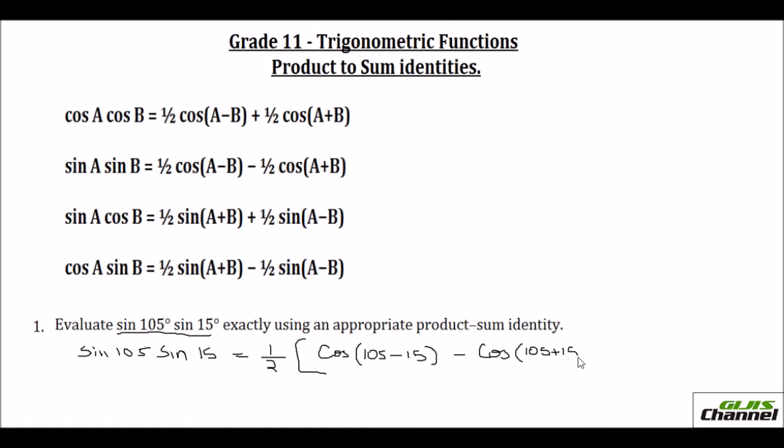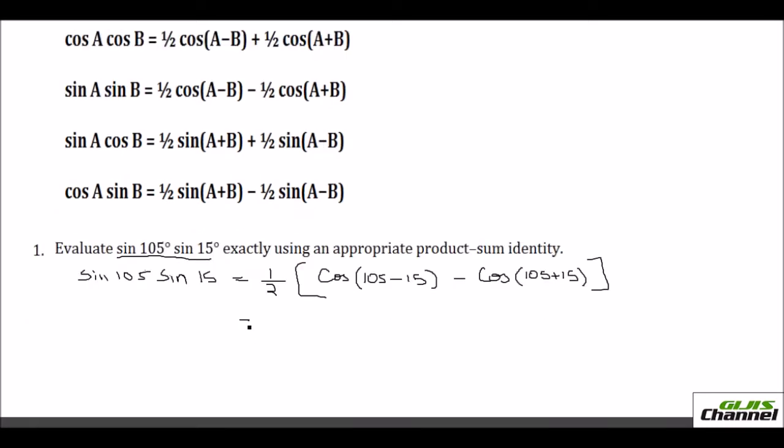I have just replaced A and B with 105 and 15. Now in the next step, let the half be out here. You can just subtract and add the angles. So cos(105 minus 15) is cos 90 degrees, minus cos of the sum, which is 120 degrees.